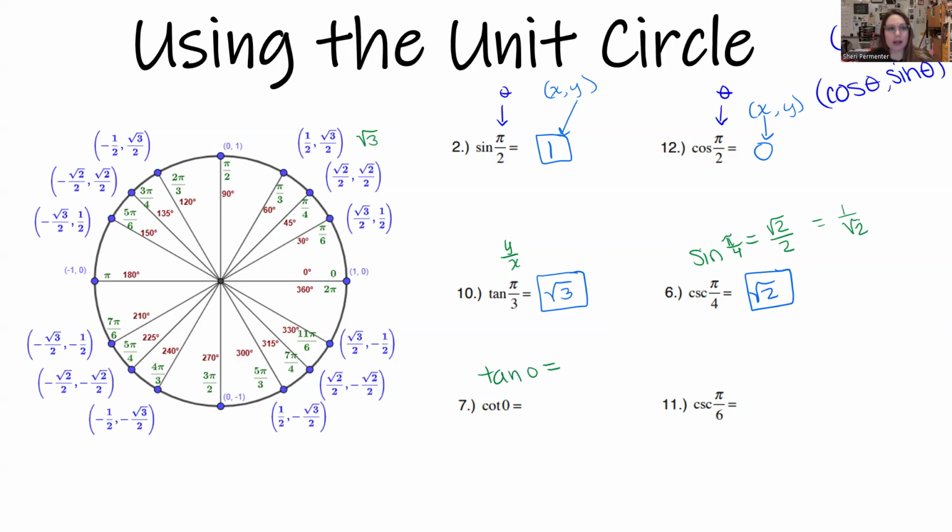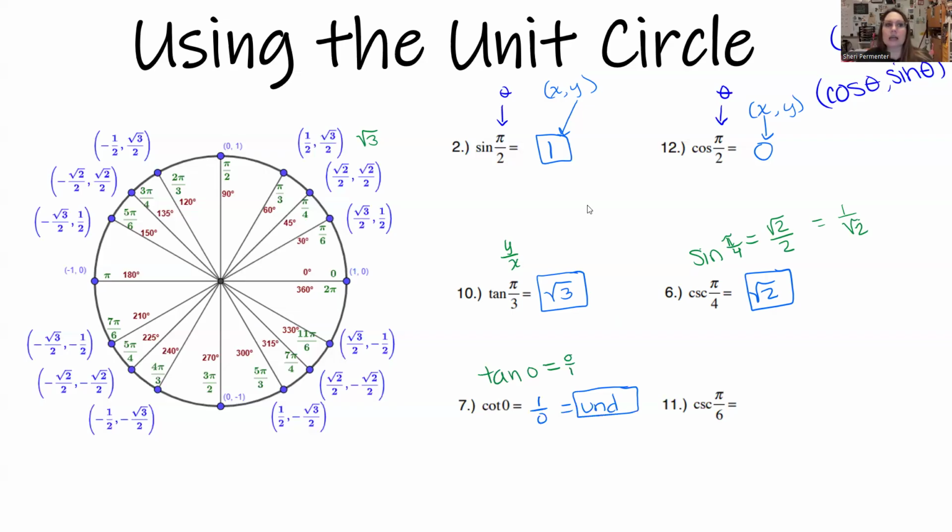Remember, it's y over x, so it would be 0 divided by 1. So when I look at cotangent and I flip that upside down, it is 1 divided by 0. What happens when you divide by 0? Undefined. It's 1 divided by 0, which is undefined.